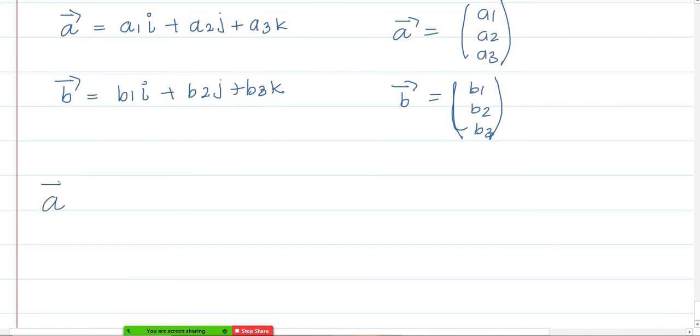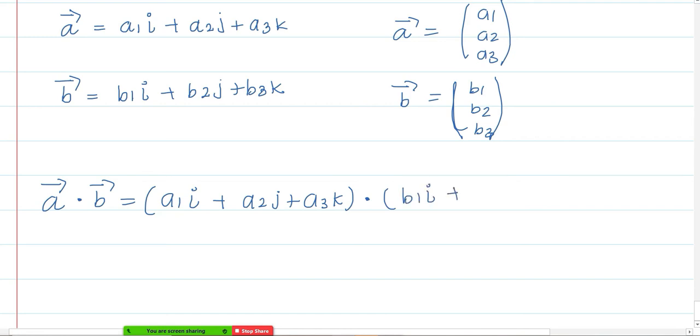A vector dot B vector is: write the first vector, that is A1 i plus A2 j plus A3 k, dot the B vector, which is B1 i plus B2 j plus B3 k. Remember, A1, A2, A3 are all just numbers.